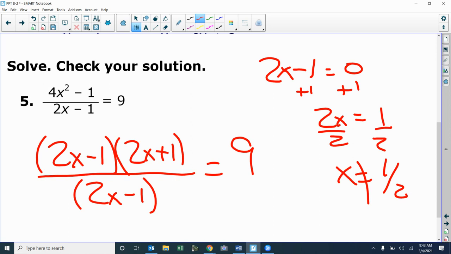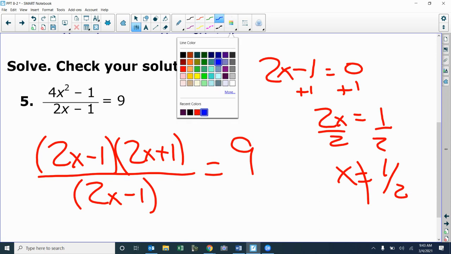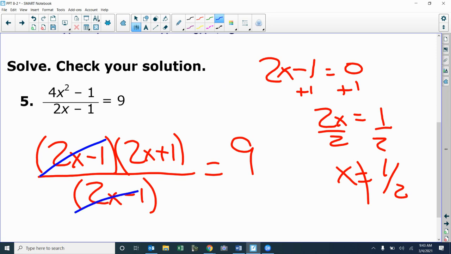All right, we're down to Sam I am. So we're down to 2x plus 1 equals 9. We're going to minus 1. We're down to 2x equals 8. Chicken, broccoli, and mashed potatoes last night. Divide by 2.